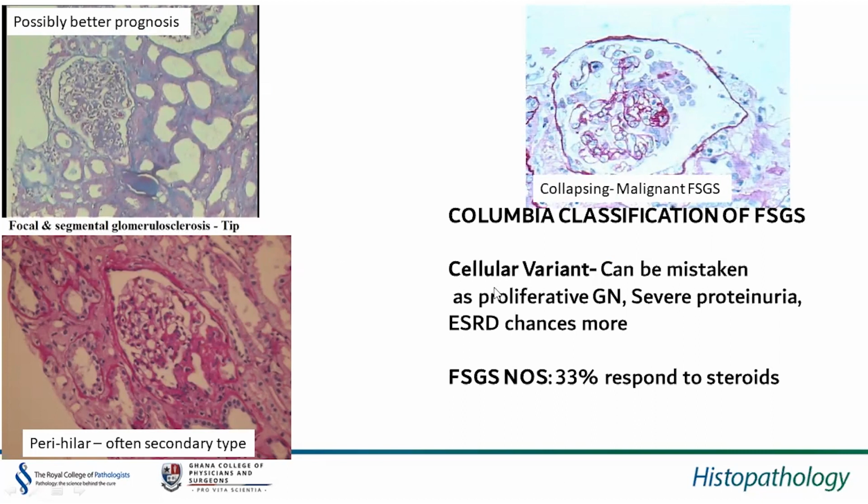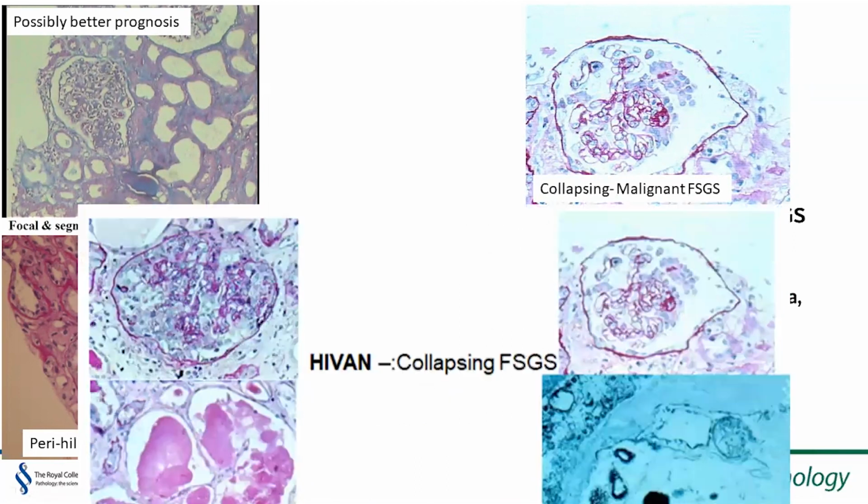There's yet another variant of FSGS known as the cellular variant, which can be mistaken for a proliferative glomerulonephritis. It is associated with severe proteinuria and increased chances of end-stage renal disease. And you have the NOS type, not otherwise specified, of which 33% may respond to steroids.